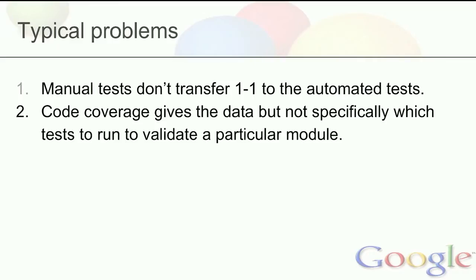And code coverage does give us some information about the coverage that we have in the modules, but it's not specific to the functional parts of the application. It can pinpoint how the code base is organized, but if you are looking from a feature perspective or from a workflows perspective, code coverage may not be able to give you that data.